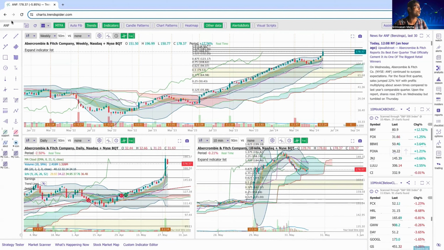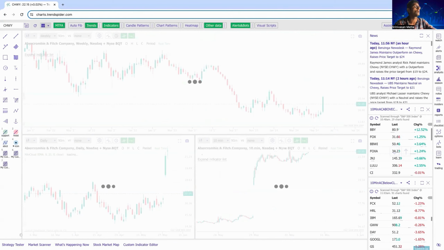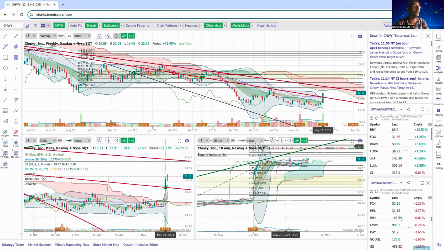For example, Chewy could be one of the examples here. Yesterday, Chewy also went up, and right now it closed above the EMA clouds, and then it starts going up now.